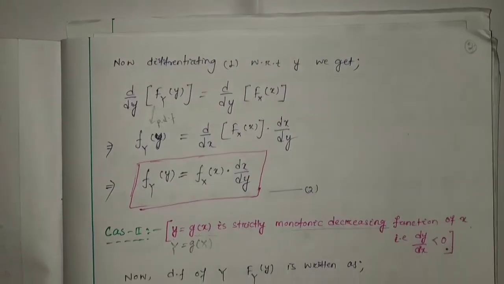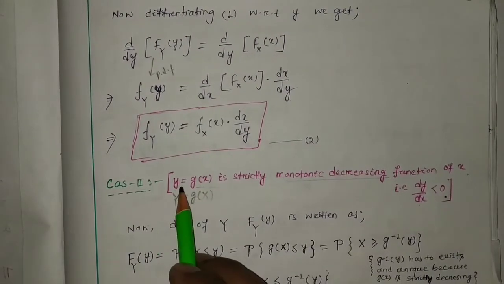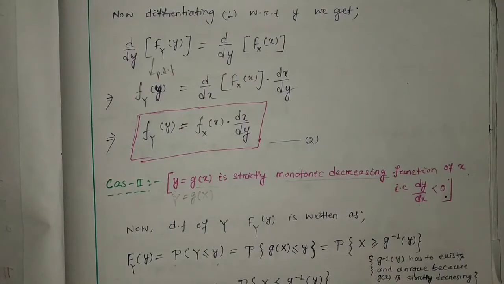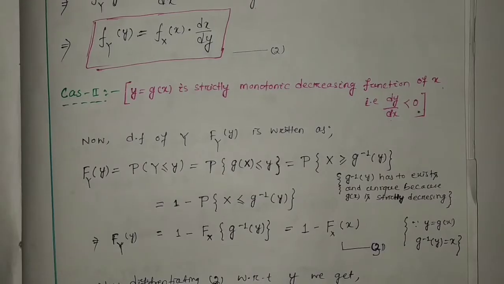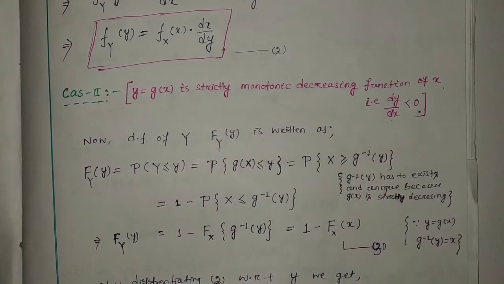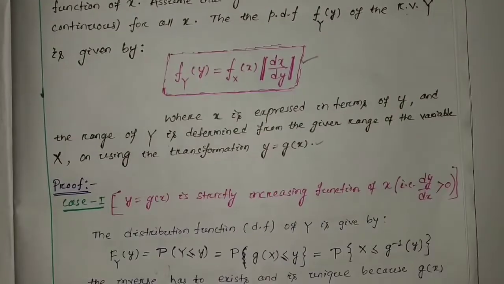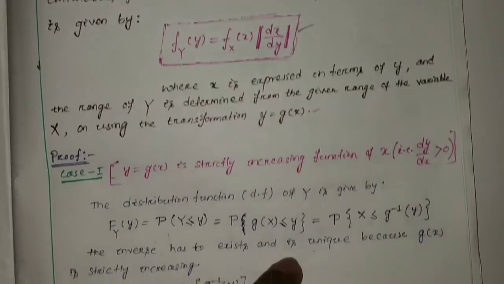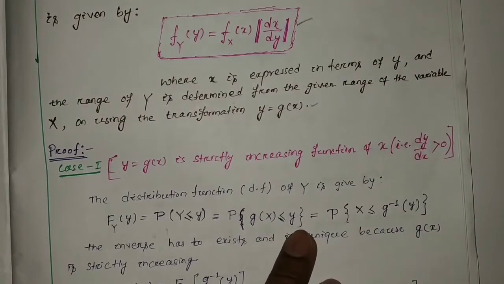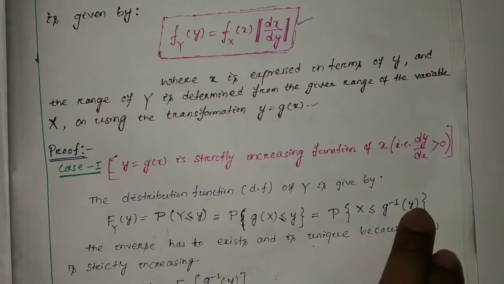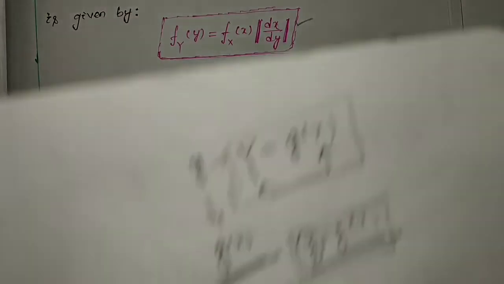Now we are going to go for case 2. Before we discuss case 2, I am going to give a simple idea about g(x) less than or equal to y, or g(x) equal to y and x equal to g inverse of y.